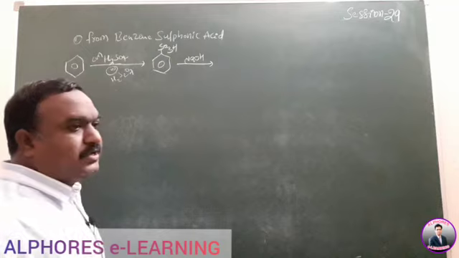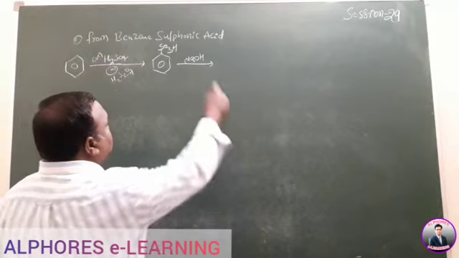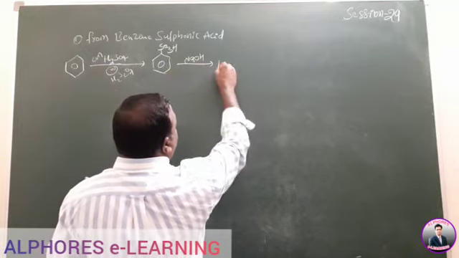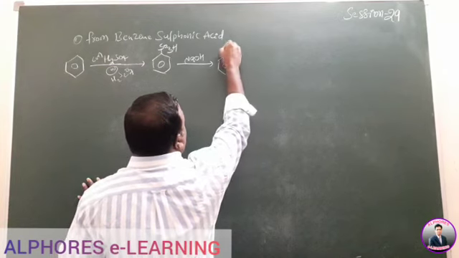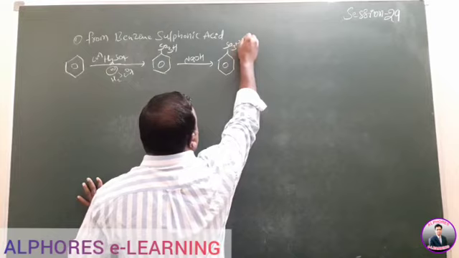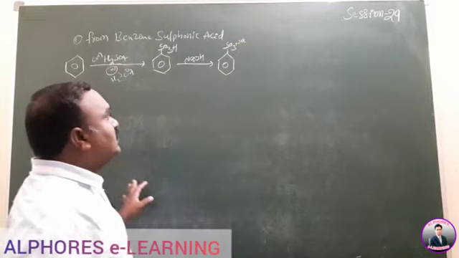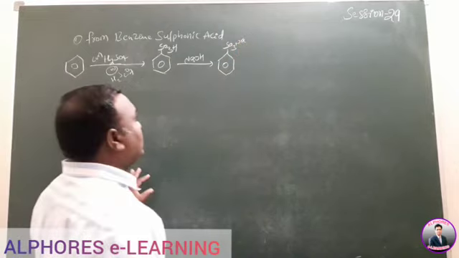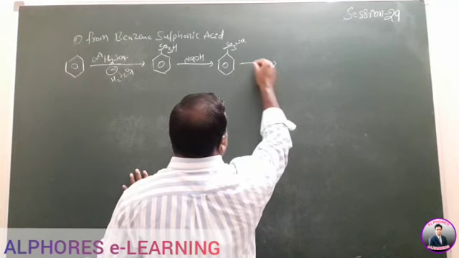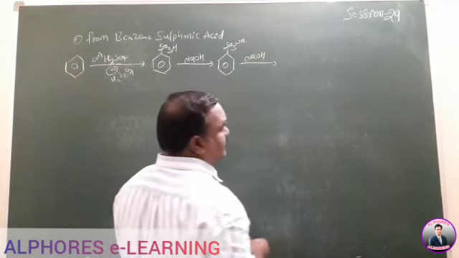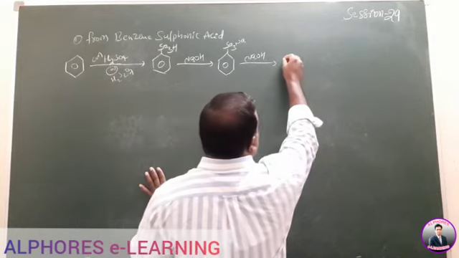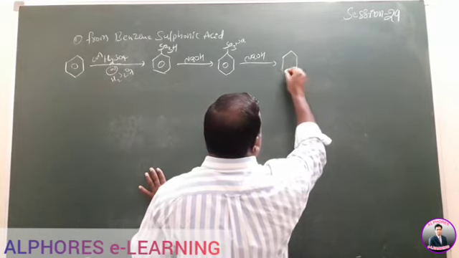Due to the presence of acidic hydrogen, the hydrogen is replaced by Na in the first step. SO3Na is formed here. Again by the addition of fused NaOH, it forms the sodium phenoxide compound.